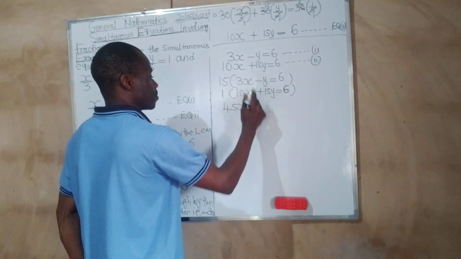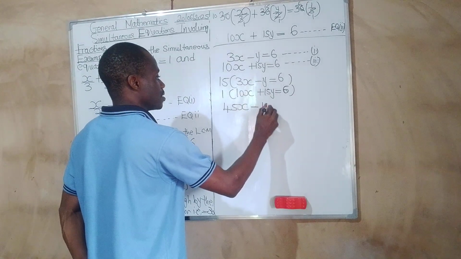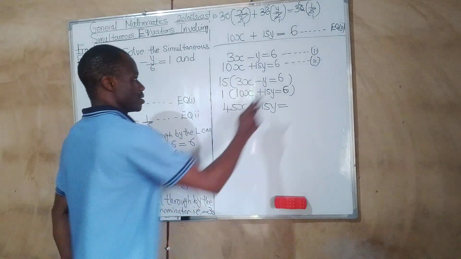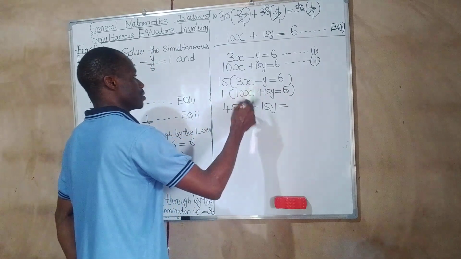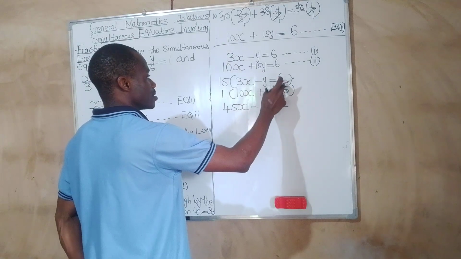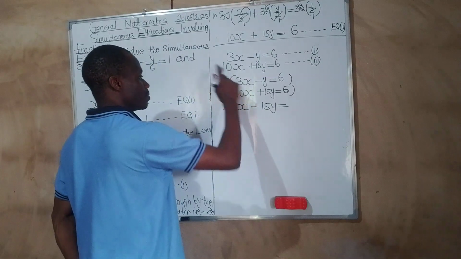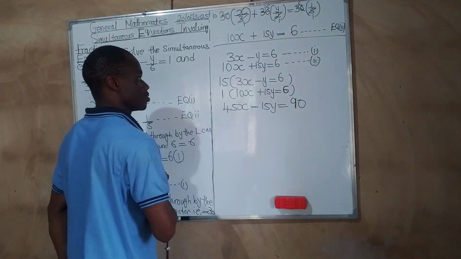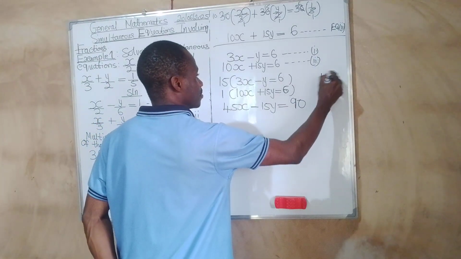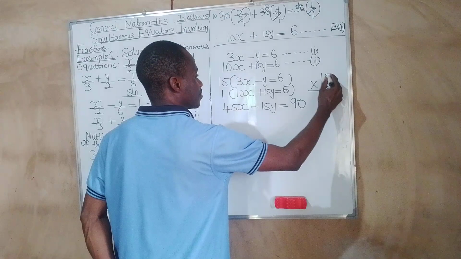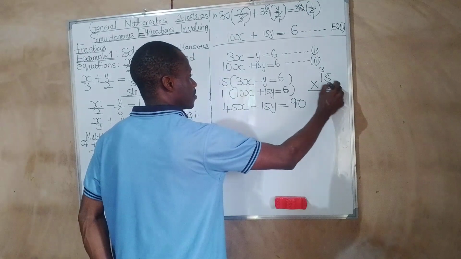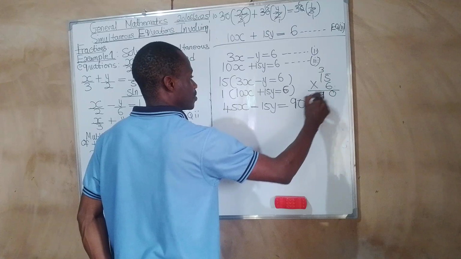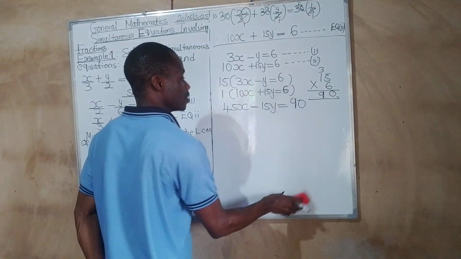Then 15 times y will give us 15y. Then 15 times 6. So 6 times 5 is 30, put down 0, carry 1. Then 6 times 1 is 6 plus the 3 will give us 9. That's 90, right? Good.